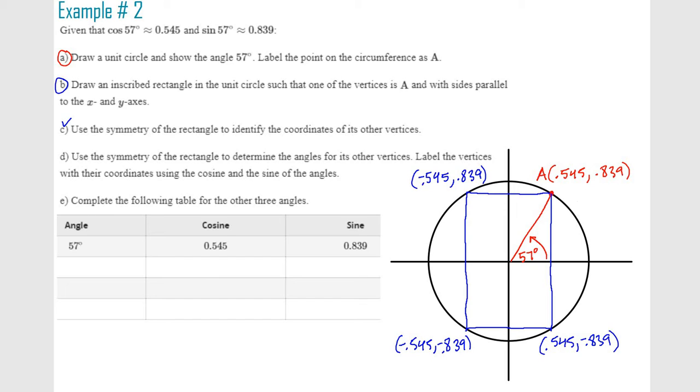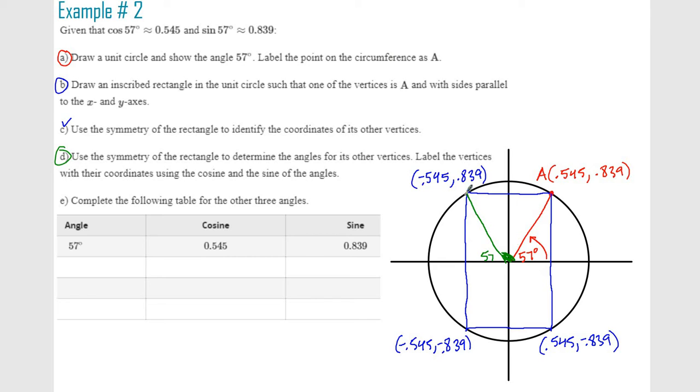So here we want to label the angles. Let me use green. So determine the angles. Think of this as a mirror image. This is supposed to mirror that red line, which means this angle is 57, which means this angle is 180 minus 57.